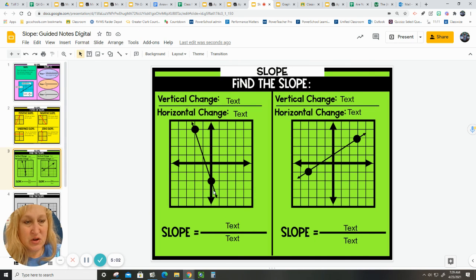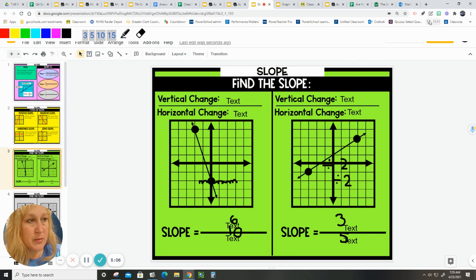This one is when we start trying to count and figure out what the actual numbers are. Let me delete what I did before. I'm going to make sure I get a better color so that you guys can read it. We need to figure out what the up and down change is first. So in this case, I'm moving down. So I'm counting squares. 1, 2, 3, 4, 5, 6, 7.